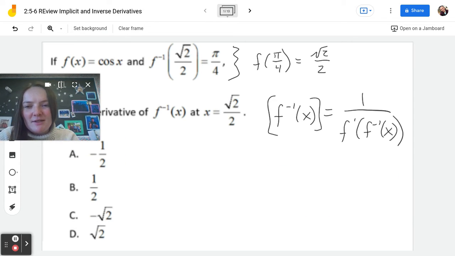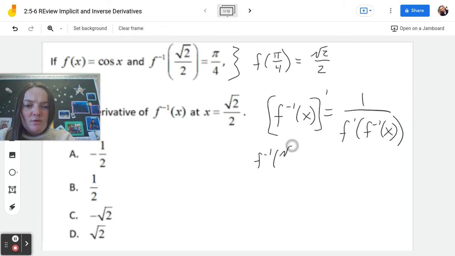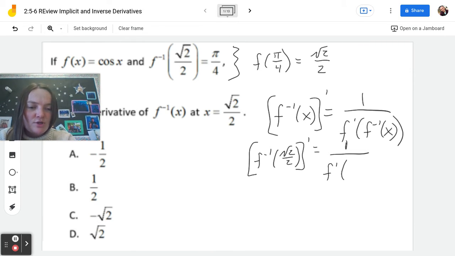We want to evaluate it at radical 2 over 2, and we know f of x is cosine of x. So f inverse of radical 2 over 2 prime is equal to 1 over f prime of f inverse of radical 2 over 2.